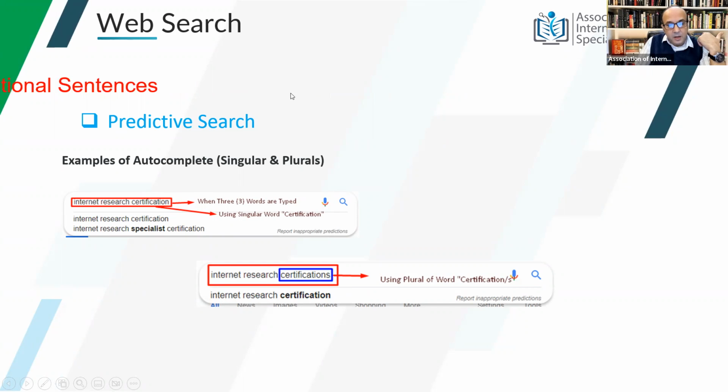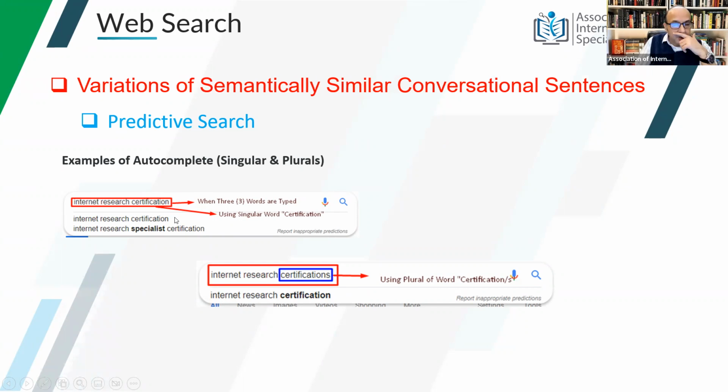But here is a singular and plural situation. If you want to find out how the search engine behaves with singulars and plurals, you could take this example. For instance, if we wrote three words, internet research certification, without using an S, so certification is a singular word, you would get different results, which is what is shown with my recent searches. Let's say it was internet research specialist certification.